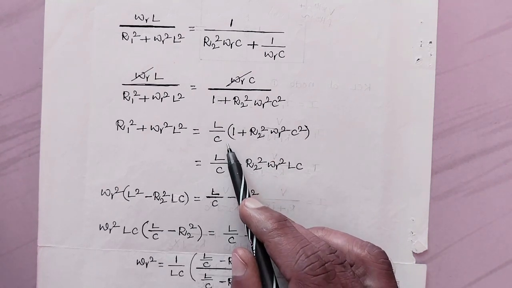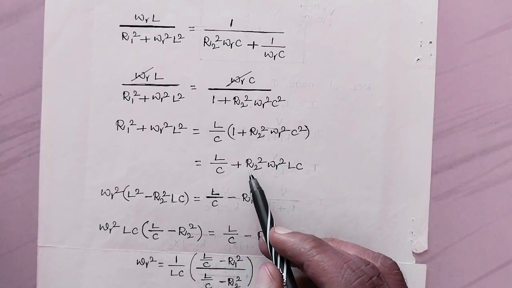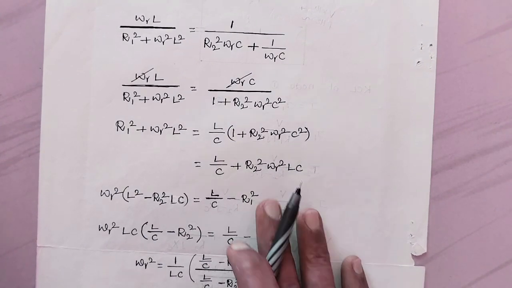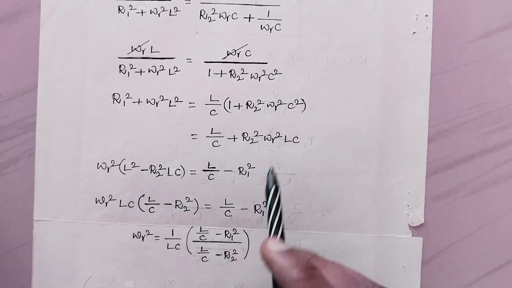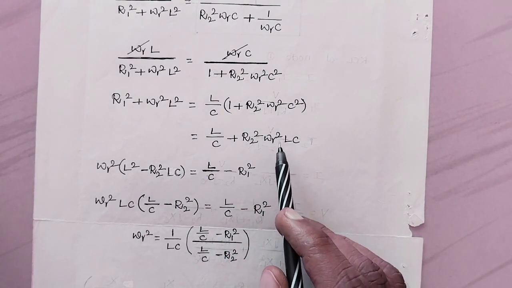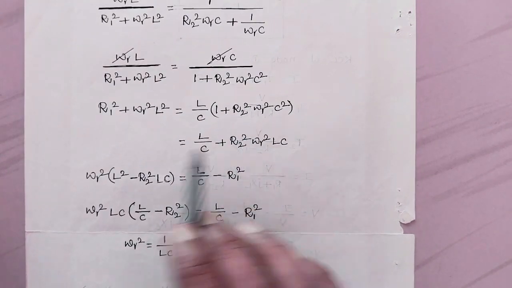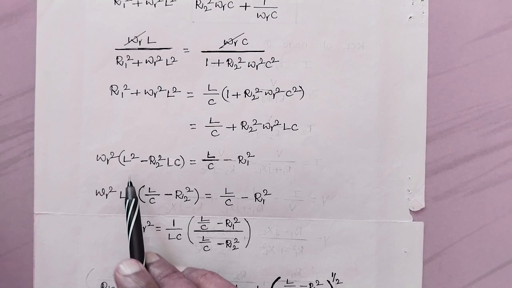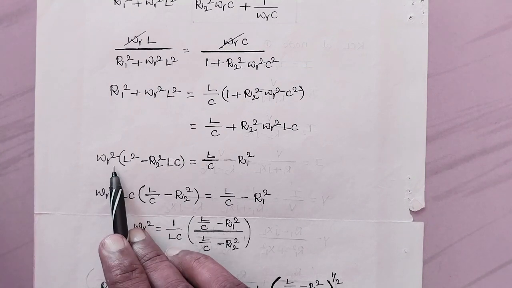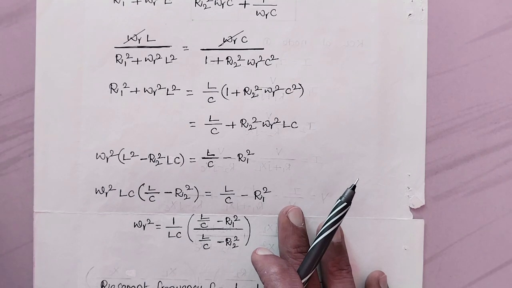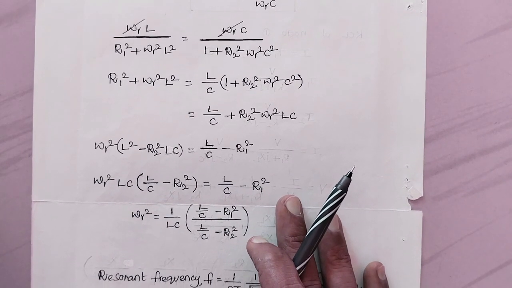If we take L by C into the brackets, we get L by C plus R2 square omega R square LC. Taking the omega R square term to the left hand side and R1 square to the right hand side, and taking omega R square as common, we get omega R square (L square minus R2 square LC) equals L by C minus R1 square.